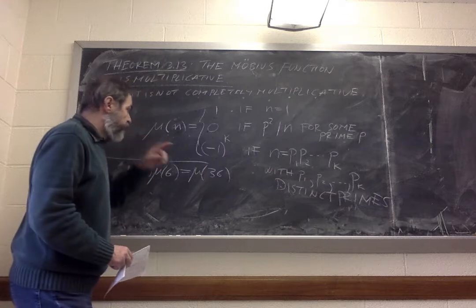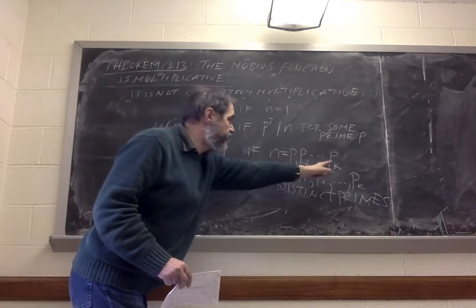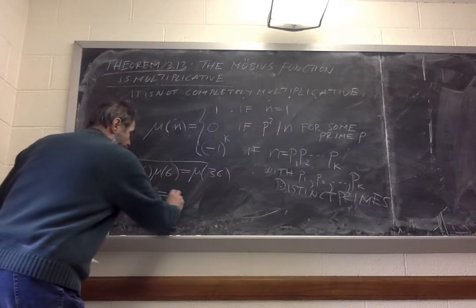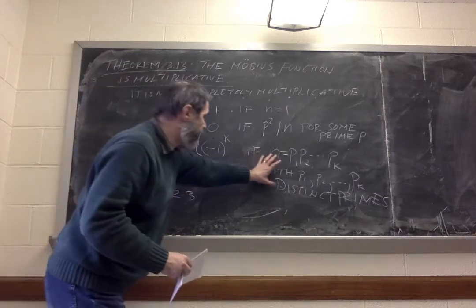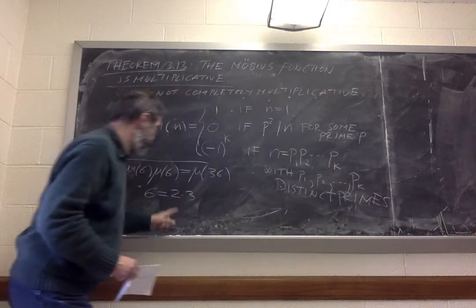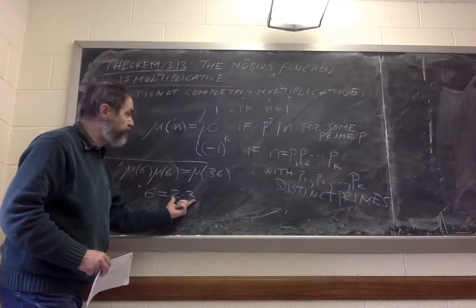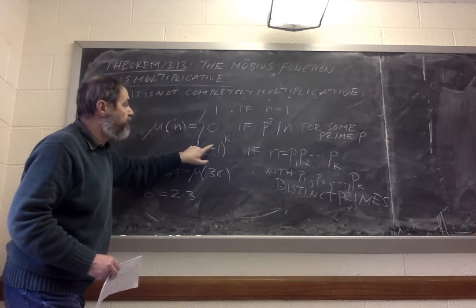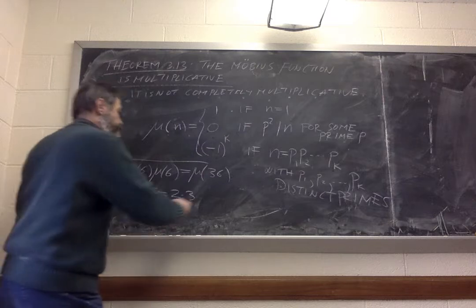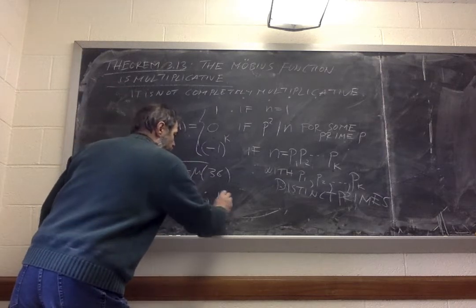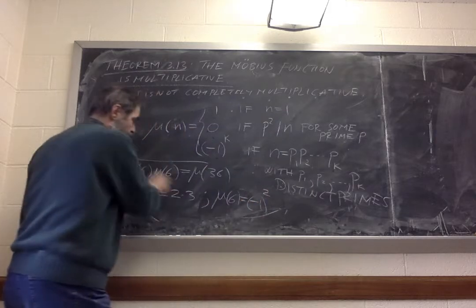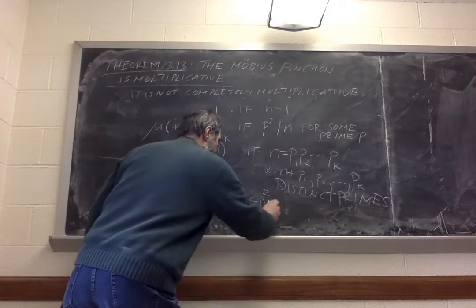Now in the third case, n is a product of distinct primes, and 6 is a product of distinct primes, 2 times 3. I look at how many primes I have, k primes. k is 2 in my case, I have 2 primes. So the Möbius function is minus 1 to the k, which is minus 1 squared in this case, and that's plus 1.